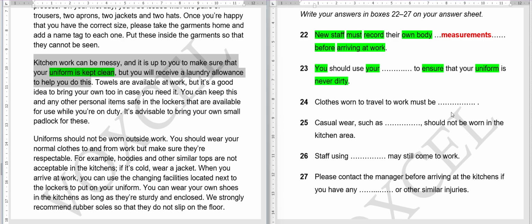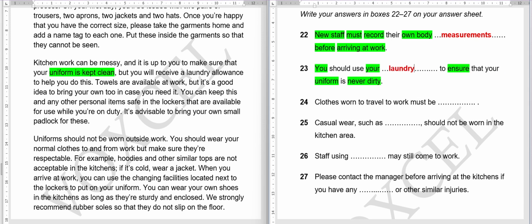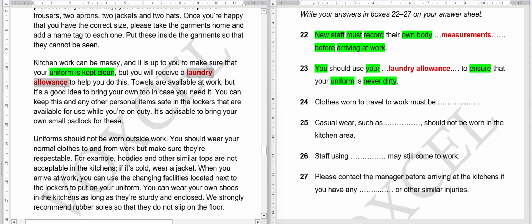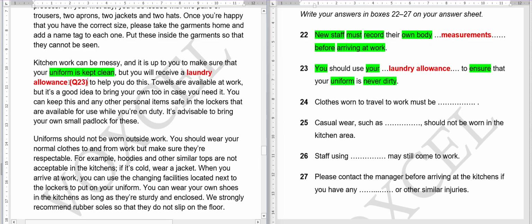Okay, time's up. What I'm going to do is write the answer here, and let's see were you able to find out the correct answer. And the answer is laundry allowance. So let me mark the answer here also. As I have already told you, uniform is never dirty.